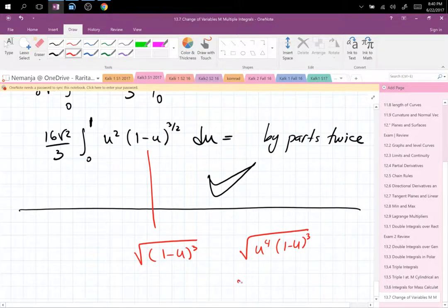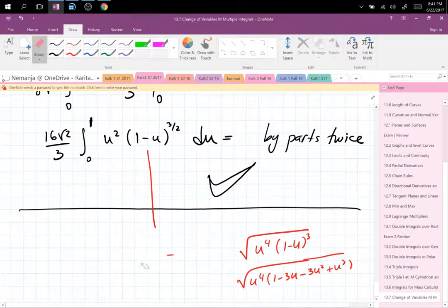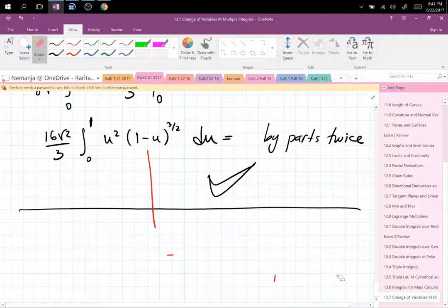Just throw it in: square root of u to the 4th times 1 minus 3u minus 3u squared plus u cubed. All right, keep going. You see, you're not getting anything. You might. You don't know. Yeah, it's minus, the alternate signs: plus, minus, plus, minus. Oh yeah, minus. The last one was supposed to be minus.